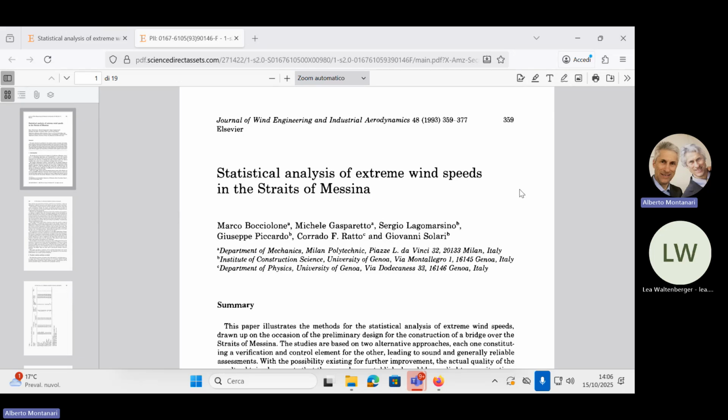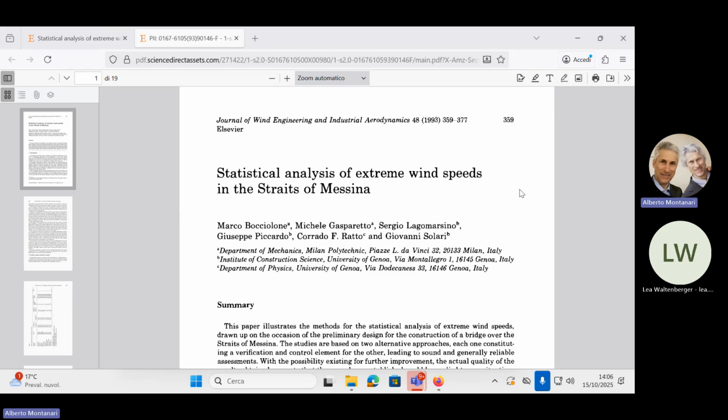And I noticed that the paper agrees with the correlation analysis design because it's more reliable than the statistical one when we study, of course, the extreme wind speeds.